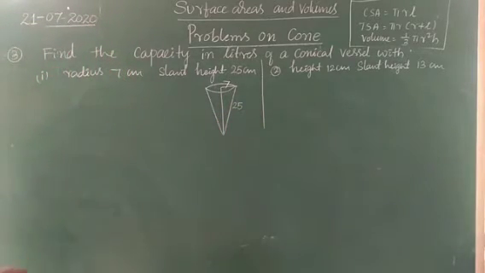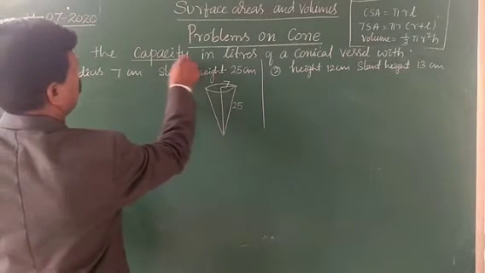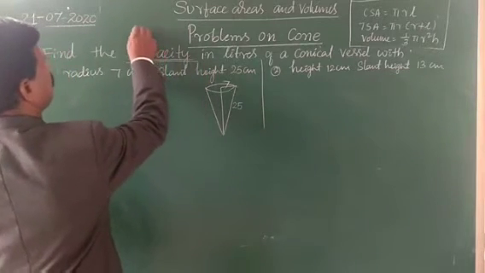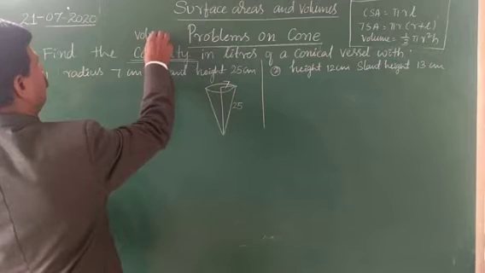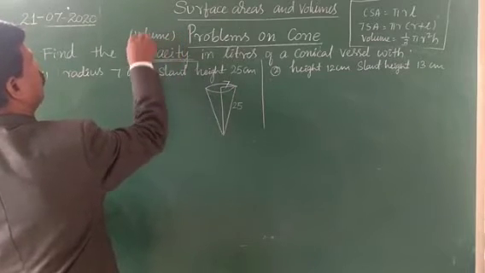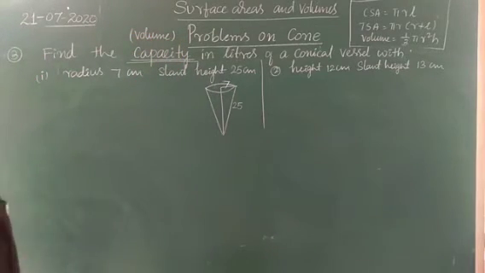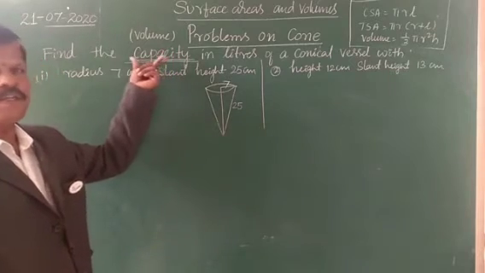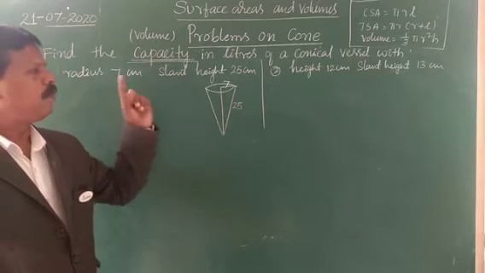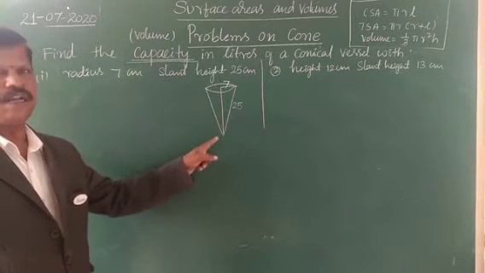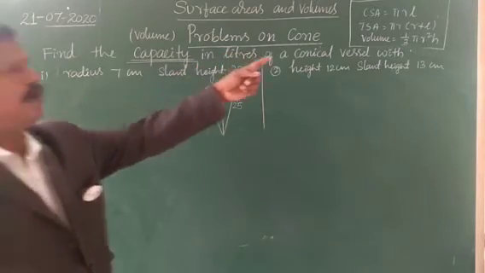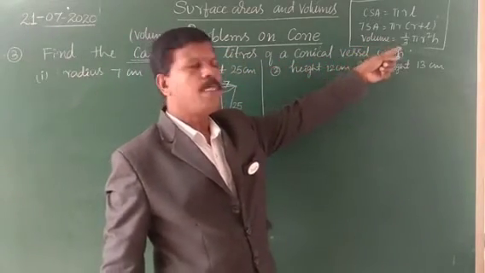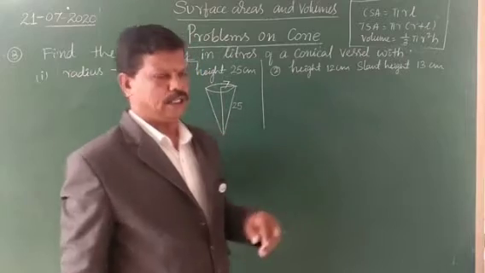Now what they asked, the capacity. Remember always the capacity is nothing but volume. They asked the capacity. That means we should find out the volume of this vessel. So volume formula is 1 by 3 pi r square h.